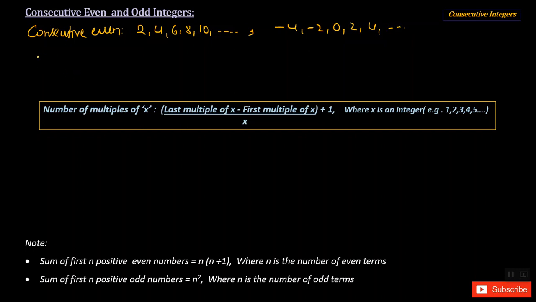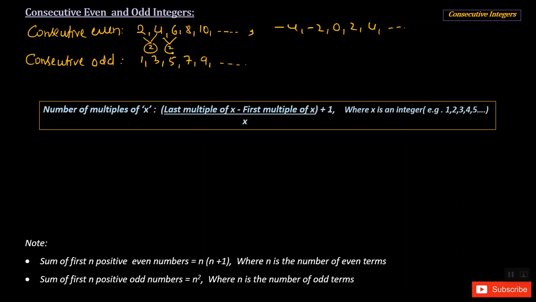So how do we represent the odd numbers then? Definition of odd is the number which are not multiples of 2, right? So we can write a consecutive odd number we can express as 1, 3, 5, 7, 9 and so on, right? So remember, whether the number are consecutive even or consecutive odd, the gap, that is the difference between the higher and the lower term, is always 2.